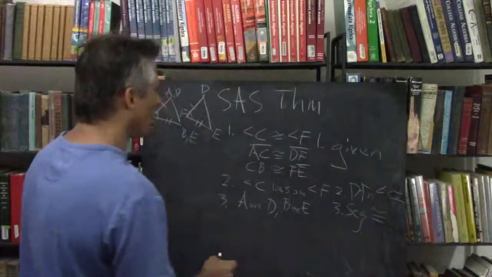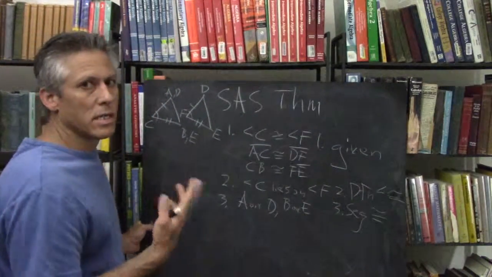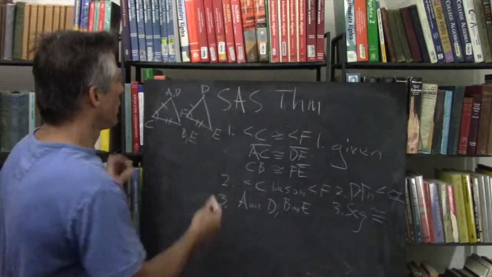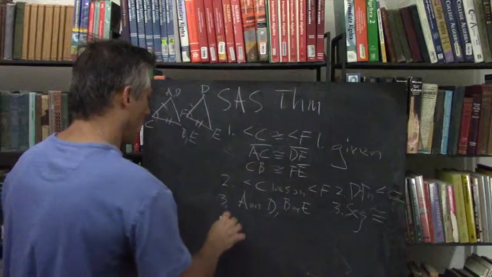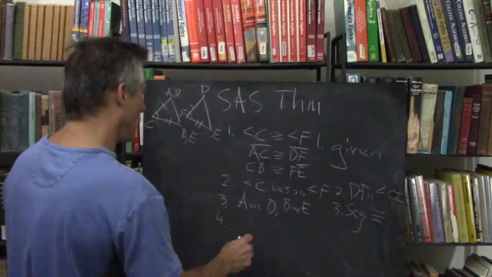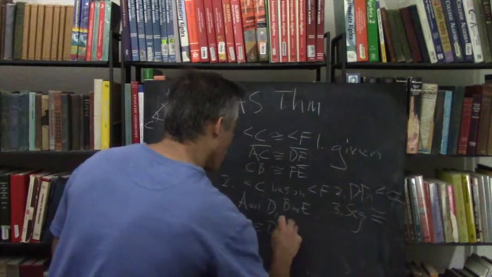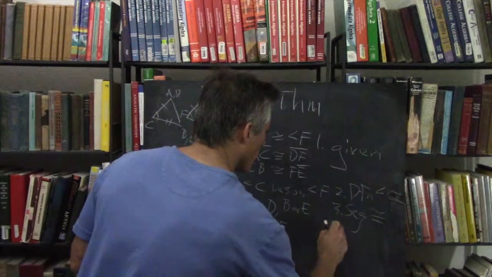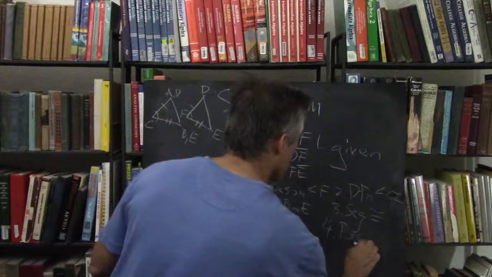Okay? And so then the triangles are made to overlap. And so by definition of congruence, this one can be made to lie exactly on this one. The triangles are congruent. So we know AB congruent to DE. That's one of our postulates.